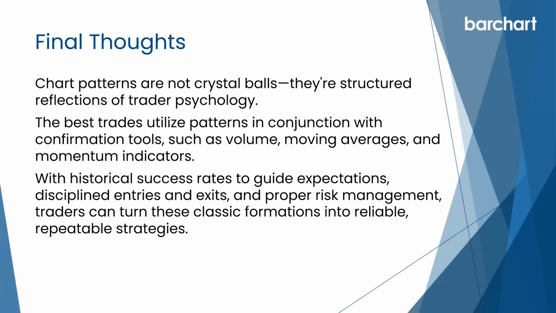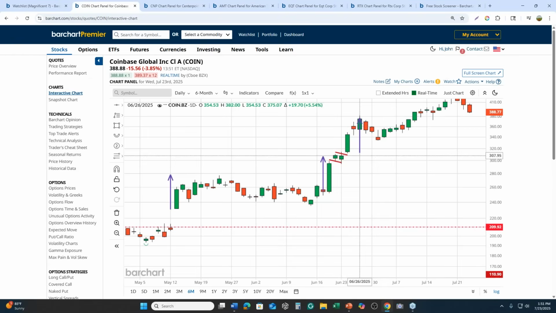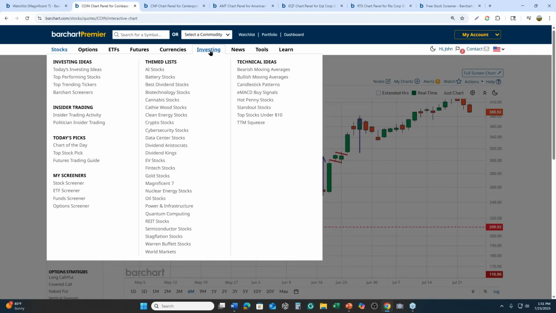So let's stop there for a second. If I go into our investing page here, and I click on investing page, under technical ideas, there is something called the MACD buy signal.